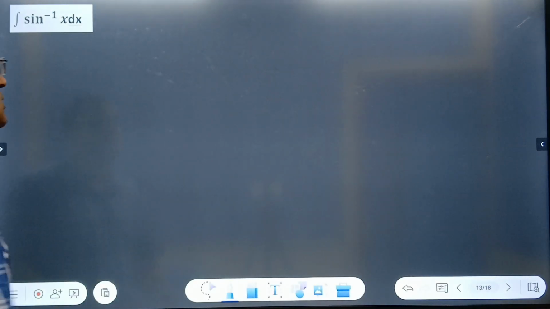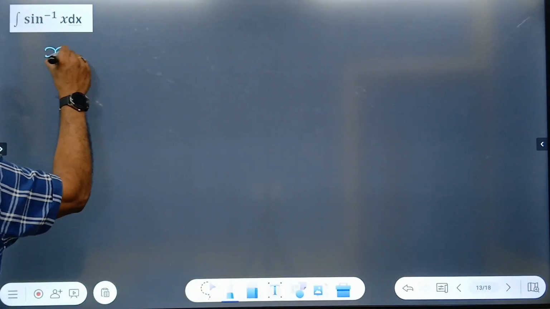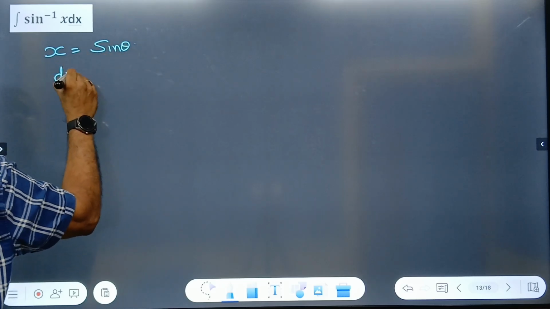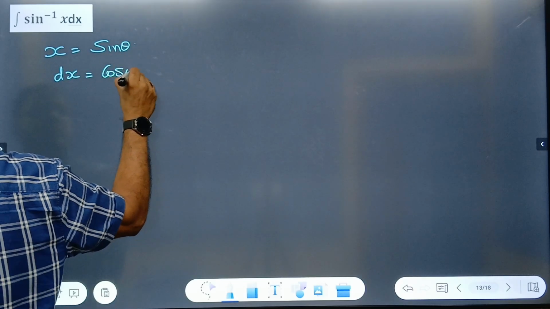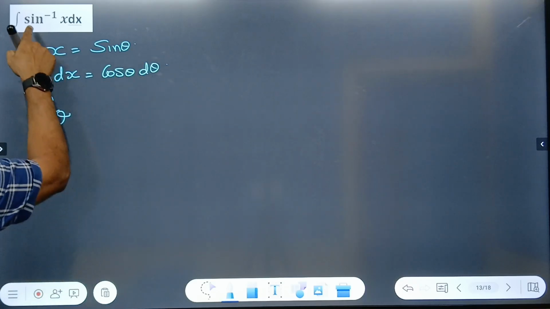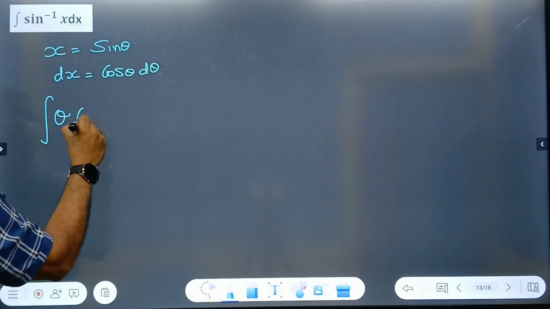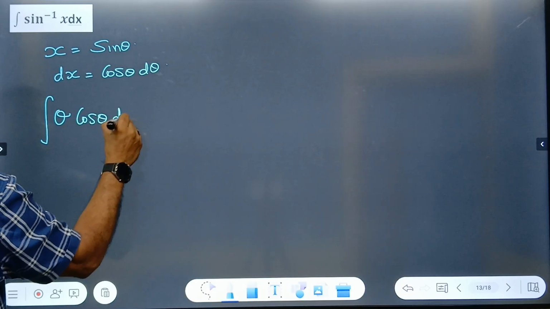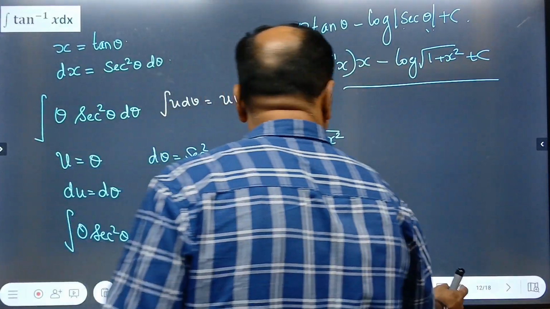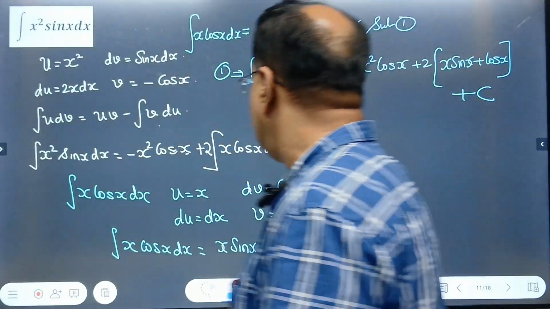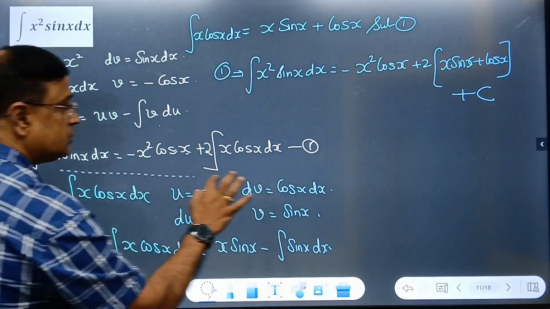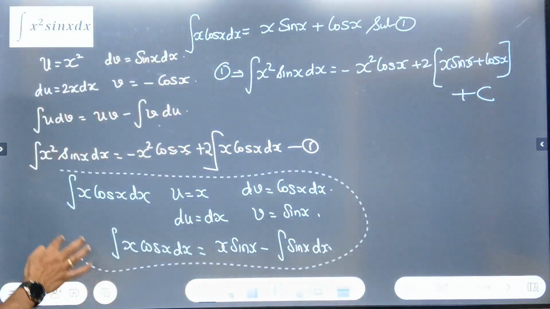Sine inverse of x. Obviously I'll put x equal to sine theta. So what is dx? dx is cos theta d theta. So I get integral theta cos theta d theta, since sine inverse of x is theta. Now I have to do integration by parts. I think I have already done it. Look at this function, already done.